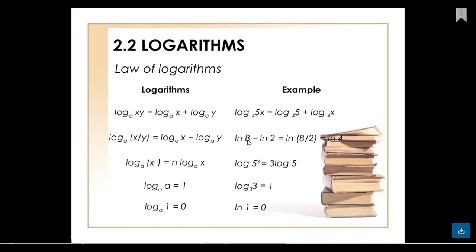Okay, so for example, ln 8 minus ln 2, so that will be, pag kinonvert natin siya into log, yung log A kasi pwedeng i-convert to ln. So ln of 8 over 2 is equal to ln 4.